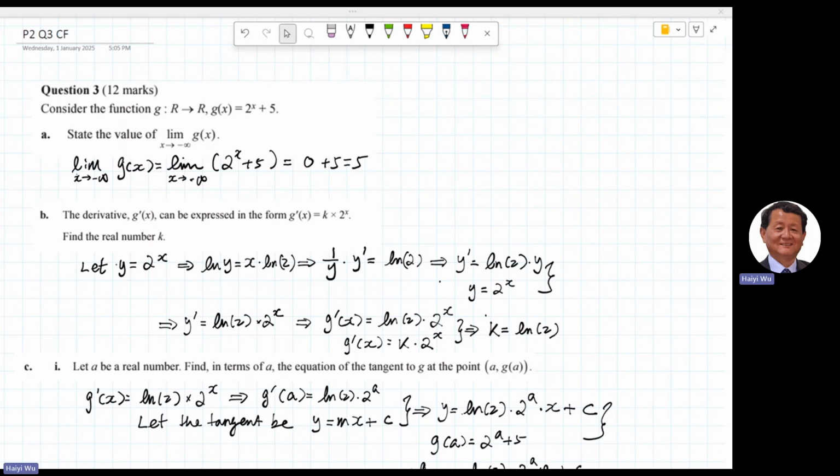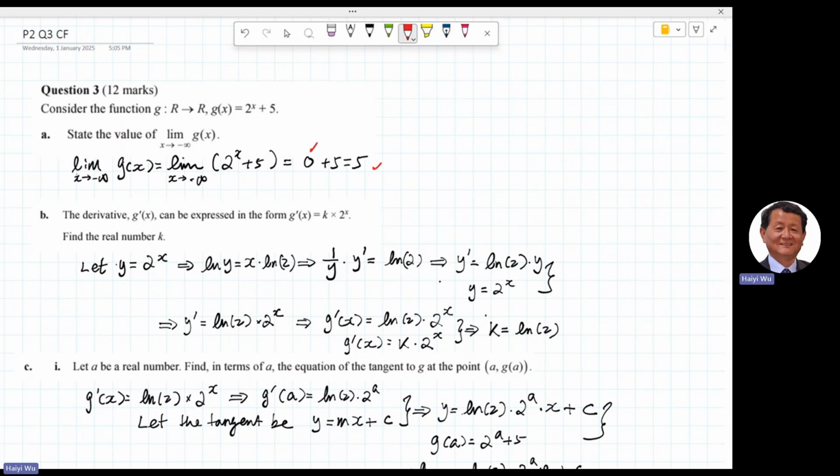This is an exponential function, so when x approaches negative infinity, 2 to the power of x will approach 0. So 0 plus 5 will be 5.